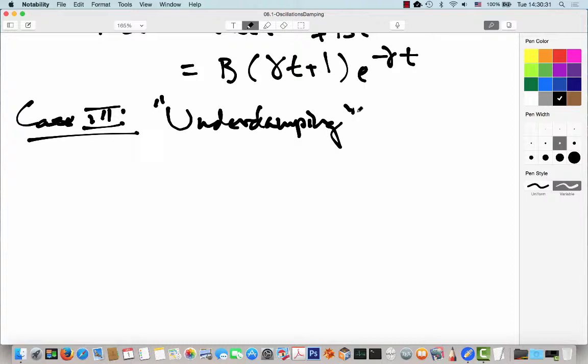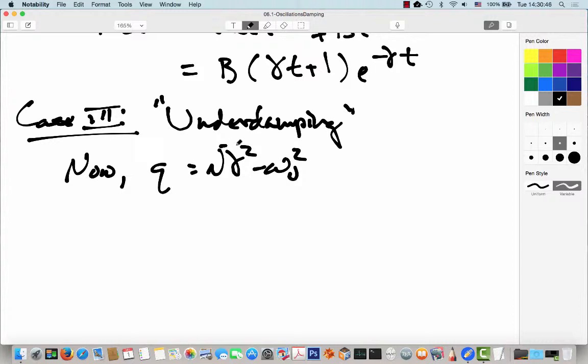All right, so in case of underdamping, remember we said that our Q is now imaginary. So that was equal to gamma squared minus omega naught squared, but in underdamping omega naught squared is bigger.